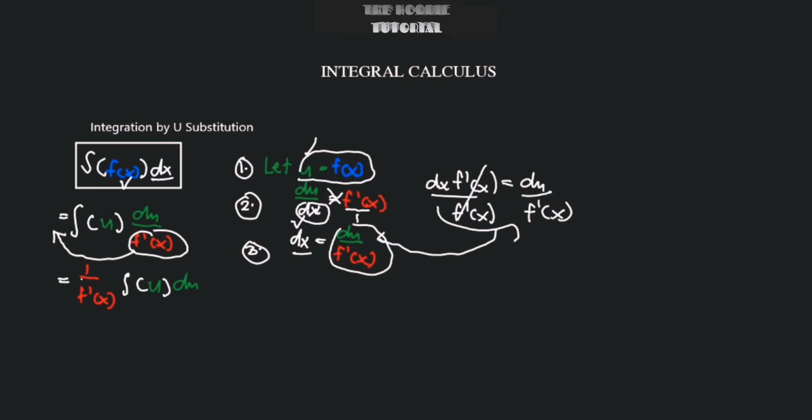That's the reason why we have 1 over f prime of x, leaving behind this part of the simplified equation. That would become the integration of u du. Right now we can easily evaluate this by using one of the basic integration rules, which is the power rule, or the other basic integration rules.